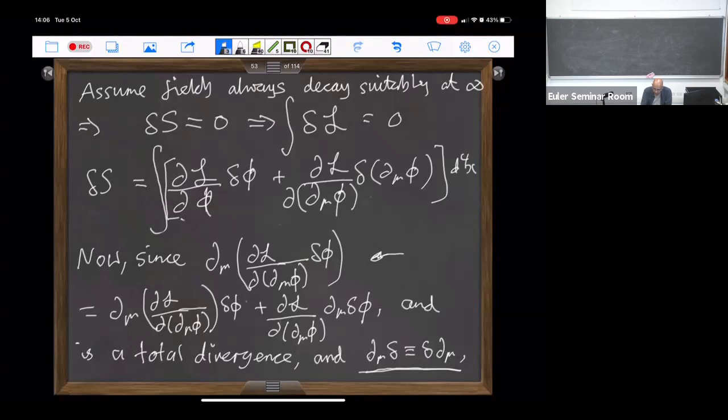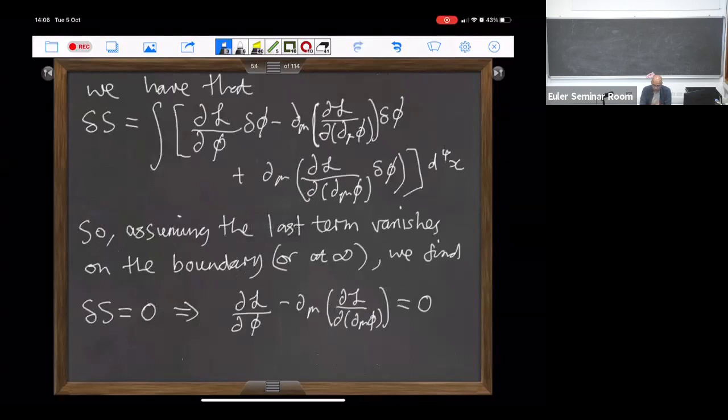which means we can rewrite the second term, because the second term is now here. So we rewrite this second term as the total divergence minus this term, which we take to the left-hand side. And that gives us a rewriting of the variation in terms of these three terms.